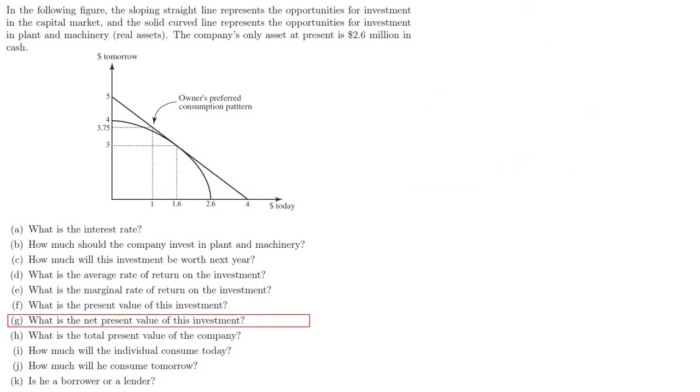What is the net present value of the investment? Well, we know that NPV is simply present value minus cost. From before, the present value was 2.4, cost was 1 million, so that's 2.4 million minus 1 million. That gives us 1.4 million.